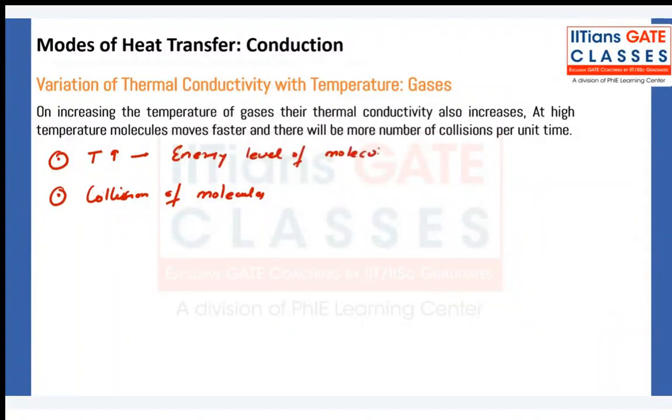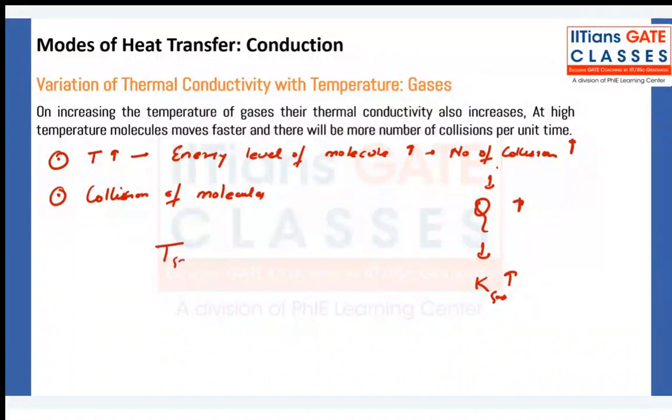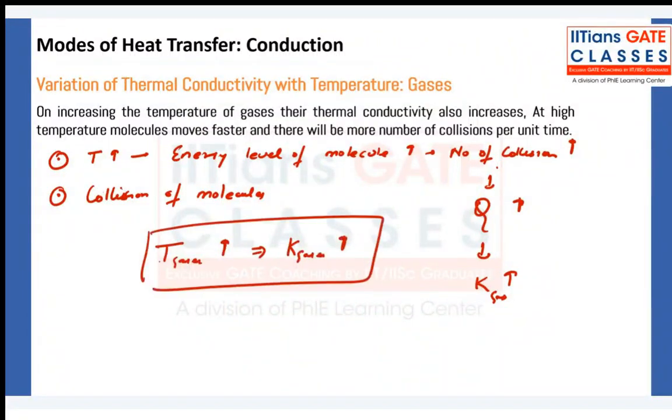That means the number of collisions will increase, and that means heat transfer will increase, and that means thermal conductivity of gases will increase. So I can conclude that as the temperature of gases increases, thermal conductivity of gases increases. On increasing the temperature of gases, their thermal conductivity also increases. At high temperature molecules move faster and there will be more collisions per unit time.